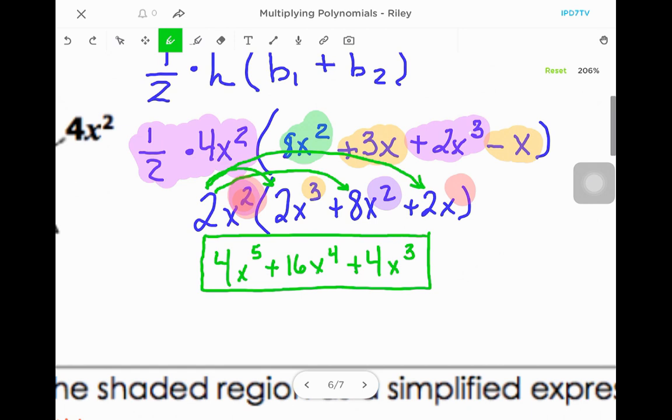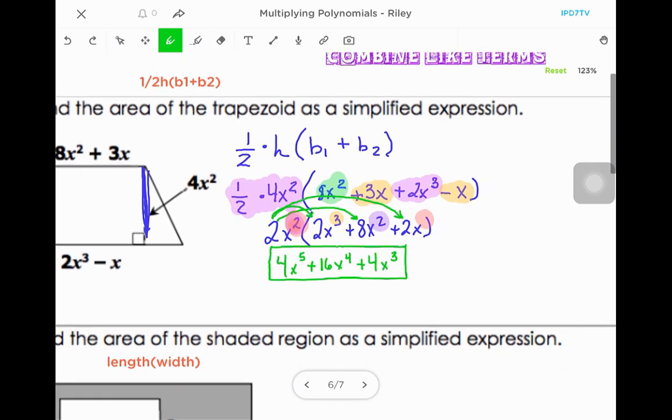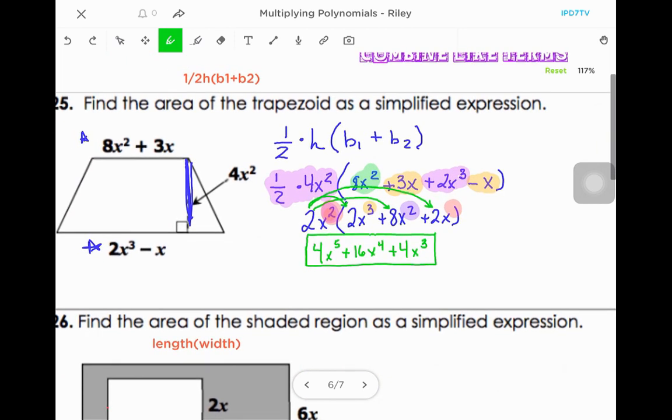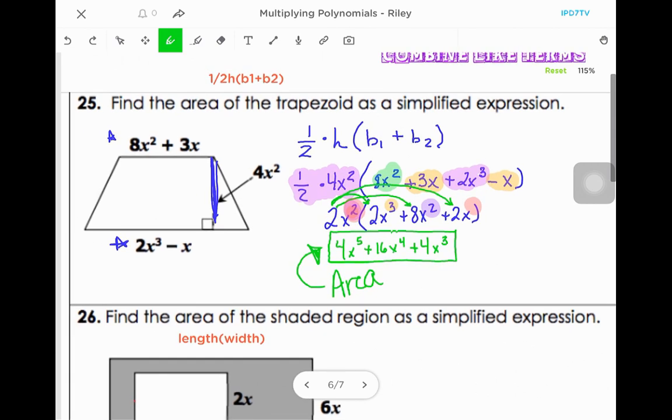Now, not that this makes a whole lot of sense because we don't know what x is, but we know that this is our area of that trapezoid. Okay, 4x to the fifth power plus 16x to the fourth power plus 4x to the third power is our area of that trapezoid. Okay, when it's all simplified.